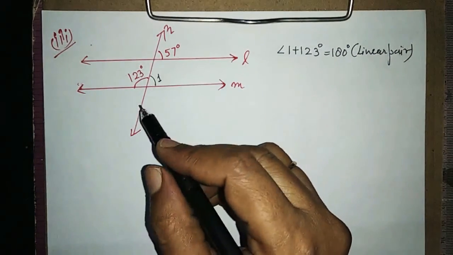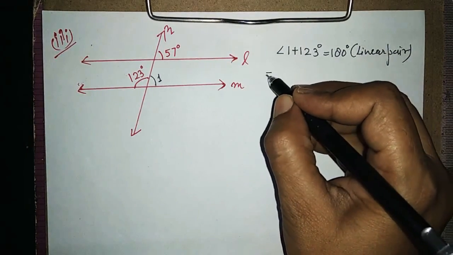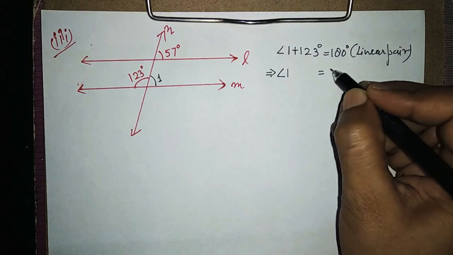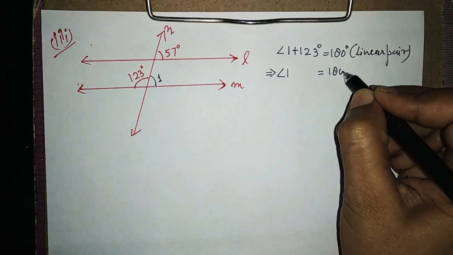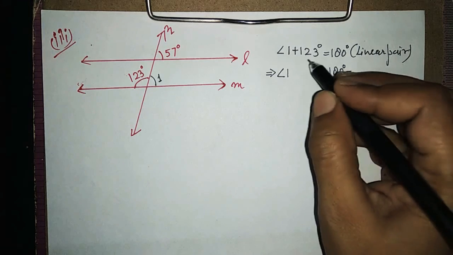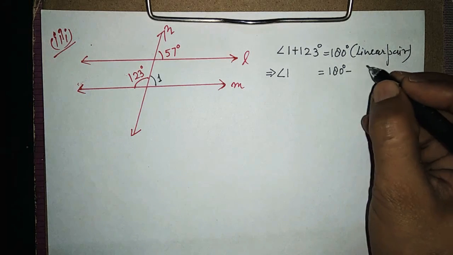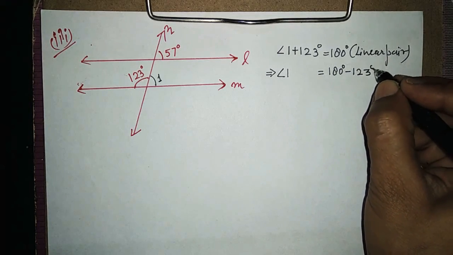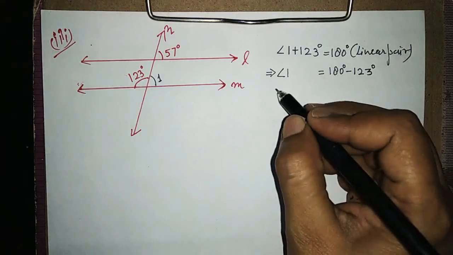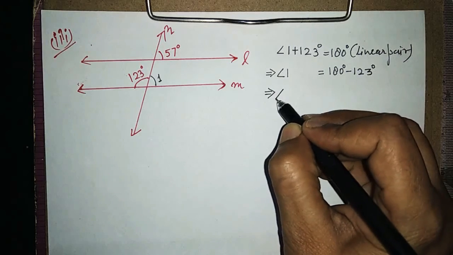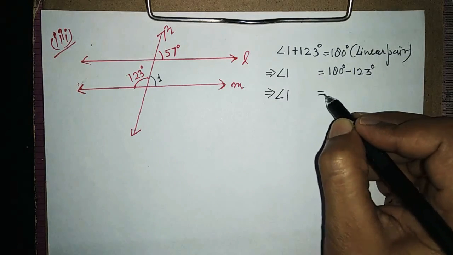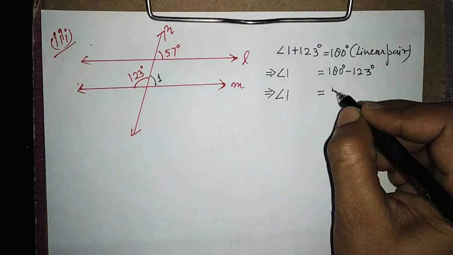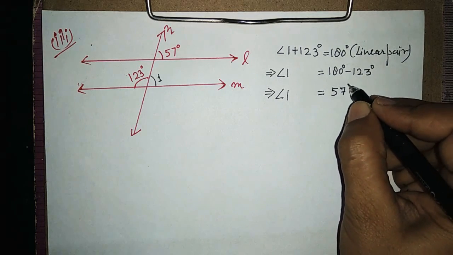But before that, you will calculate measure of angle 1. Angle 1 is equal to 180 degree minus 123 degree. We will write on right hand side. So you will write here minus 123 degree. Now we will subtract 123 degree from 180 degree. We will get here 57 degree.